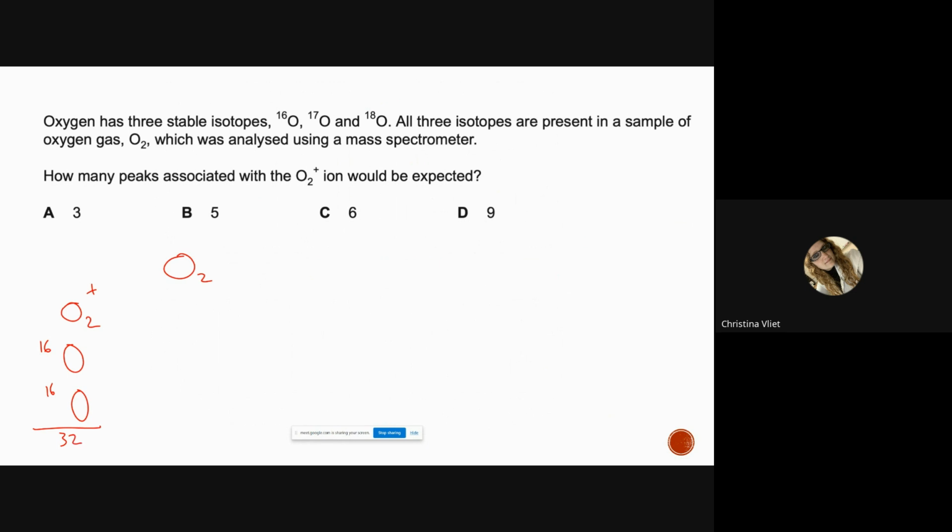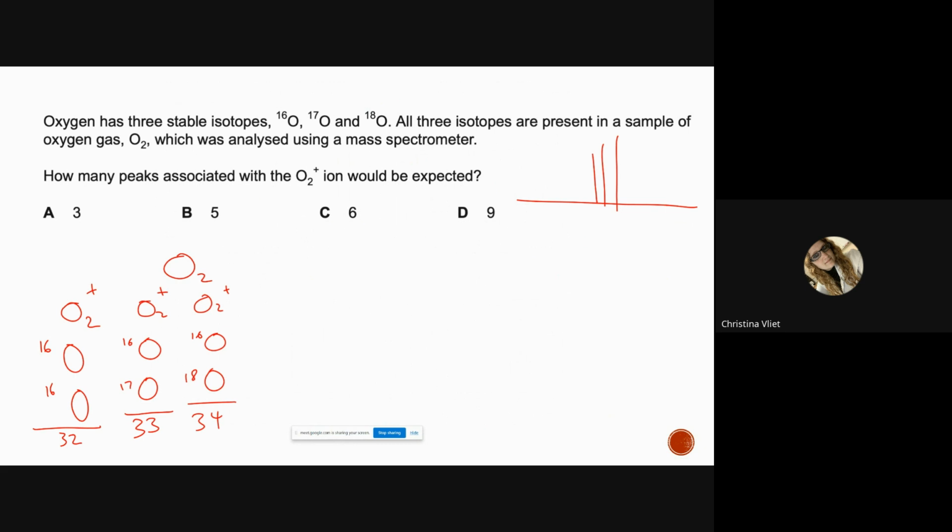You could have a combination of oxygen 16 and oxygen 17, which would give you 33. You could have oxygen 16 and oxygen 18, and that would be 34. And before I move on, each of these masses is different from the others, so on a mass spectrum each would give you a peak at a different number, right?